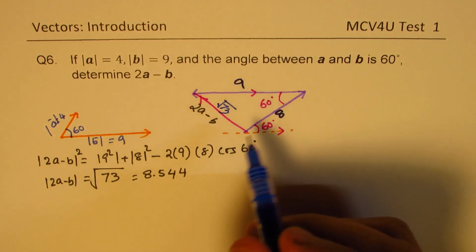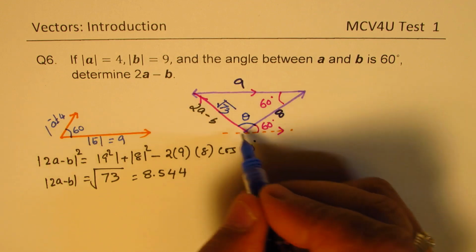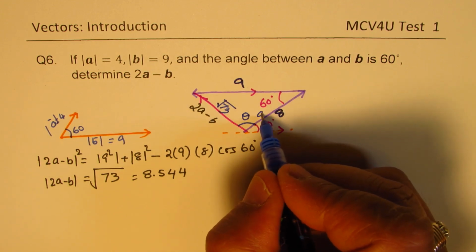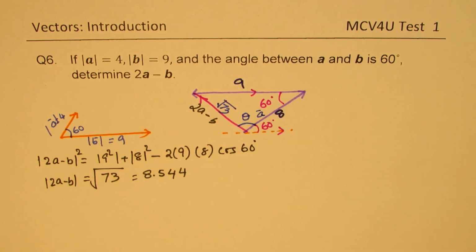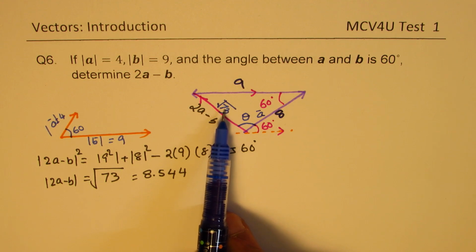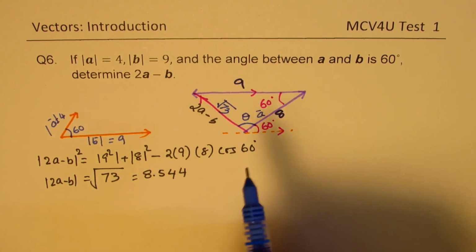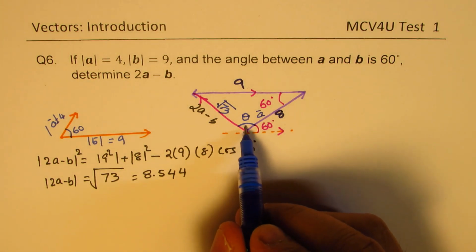We need to find the angle. So let's find this angle as theta, which it makes with A, right? To find that angle, we can use sine law, since we know a combination of side and opposite angle, correct? So let's use sine law to find this angle, theta.